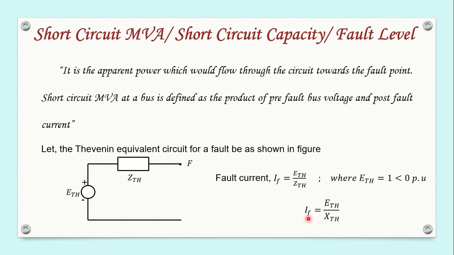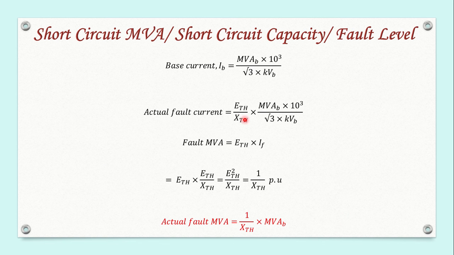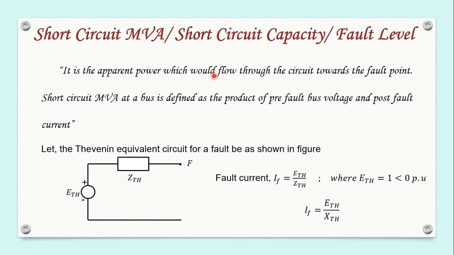So fault current can be written as ETH divided by XTH. While doing ETH by XTH, we are considering ETH in per unit, 1 angle 0, and XTH is calculated from the reactance diagram. In the reactance diagram we mark all the reactances in per unit. So per unit by per unit, we get the current in per unit.